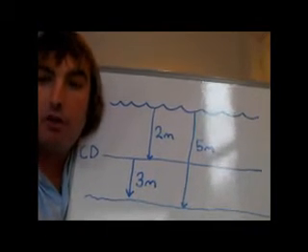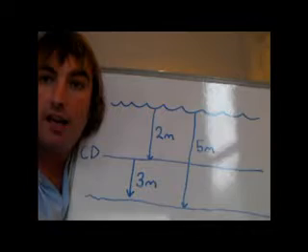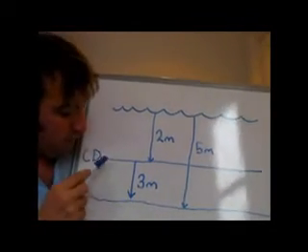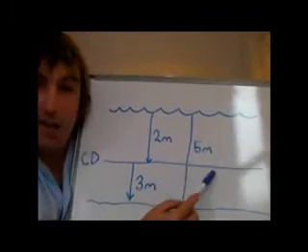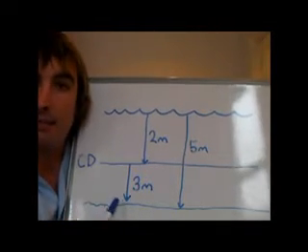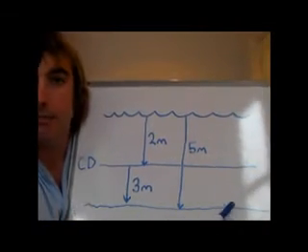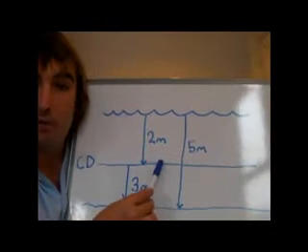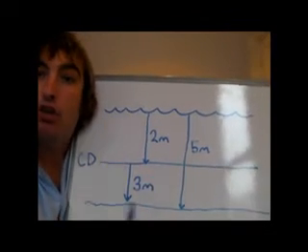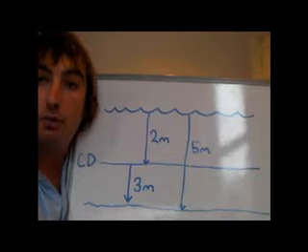So we mentioned we've got 3 meters of water below chart datum. So what I've done there, I've drawn the imaginary line of chart datum, and then 3 meters to the seabed. This line is the seabed. This line is chart datum. And then I said, hypothetically, we've got 2 meters of actual tide.